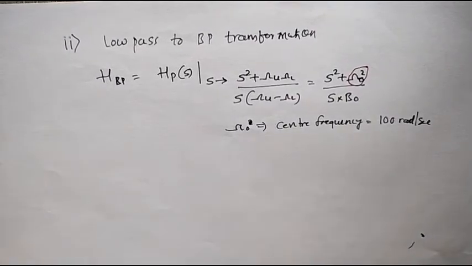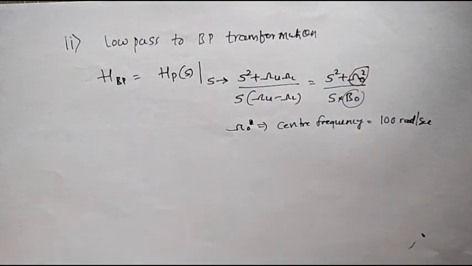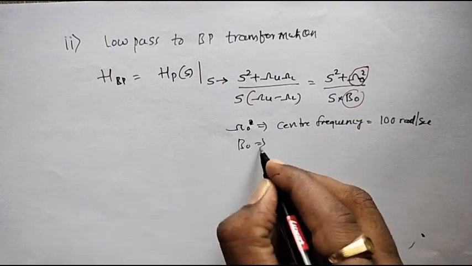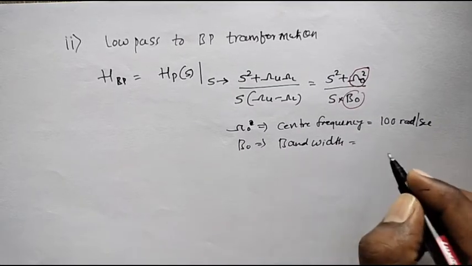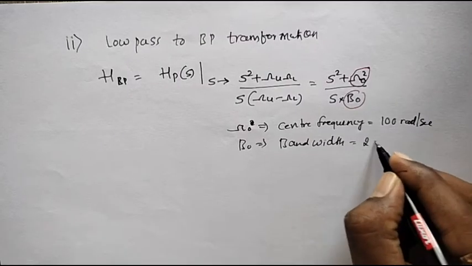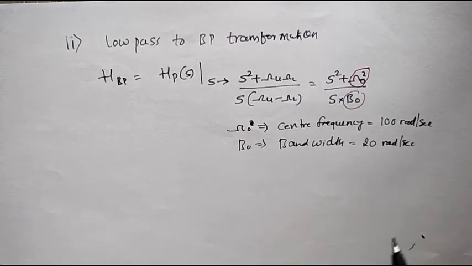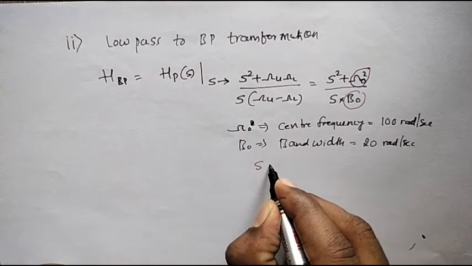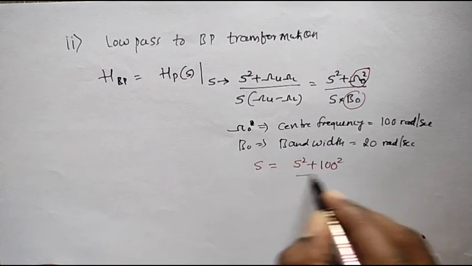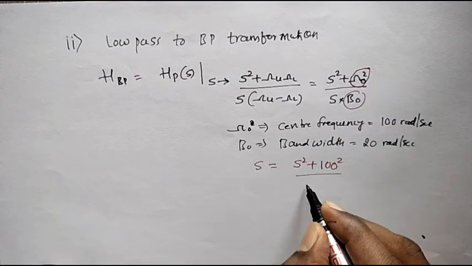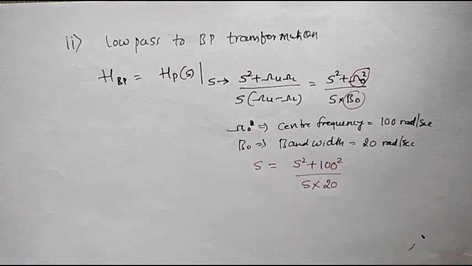Similarly, B_0 is the bandwidth, and its value is given as 20 radians per second. Therefore now I can write S as equal to S square plus 100 square, because omega_0 is 100, divided by S times 20.